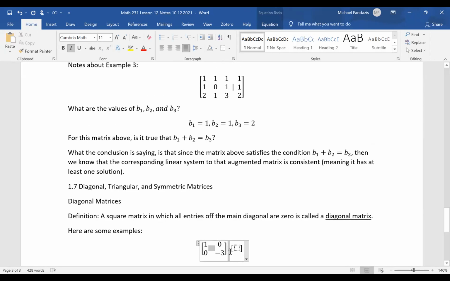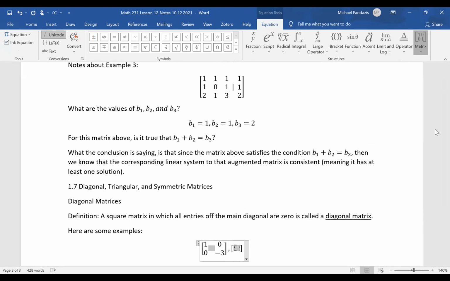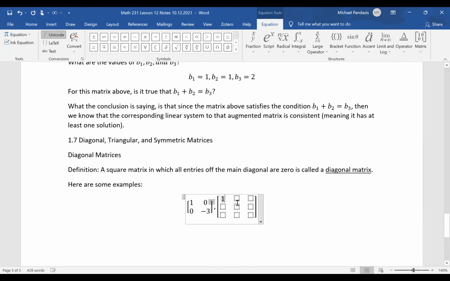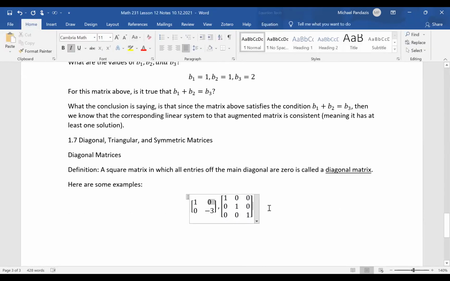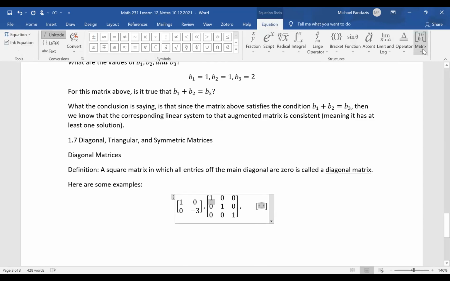Another example of a diagonal matrix would be the 3x3 identity matrix. So this is also a diagonal matrix, because all the entries off the main diagonal are 0. Another example would be the matrix where you have 0, 0, 0, 0.